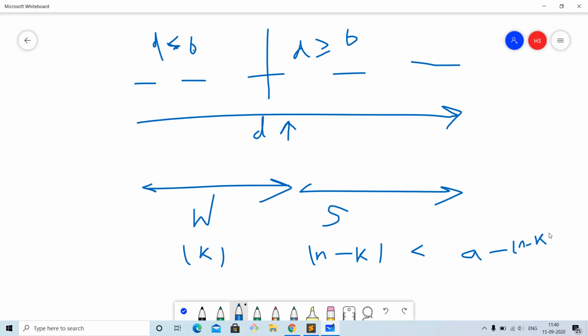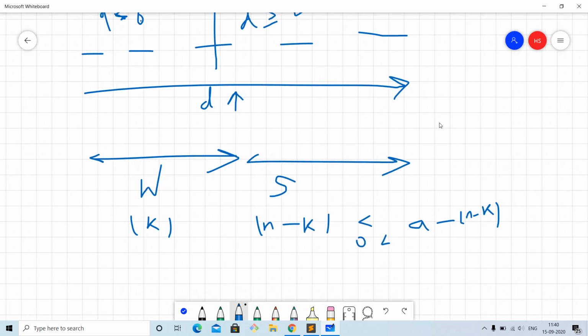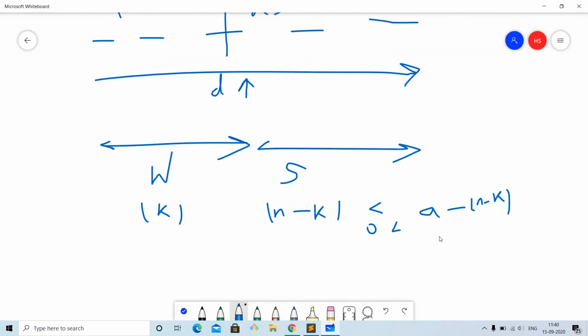Damage is caused only when A is equal to 0, so we will not receive any damage. So if n minus k is less than A, the damage will be 0.